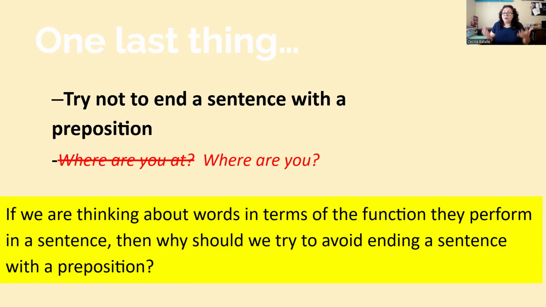So if you're thinking, why do I not use a preposition there? Then I'm going to ask you to think, what was the purpose of a preposition? And if you remember, the purpose of a preposition is to signal the relationship between an object and the words. So when you use it at the end of a sentence, it doesn't give you any more words to link it to. Okay, so we just try not to end a sentence with a preposition.